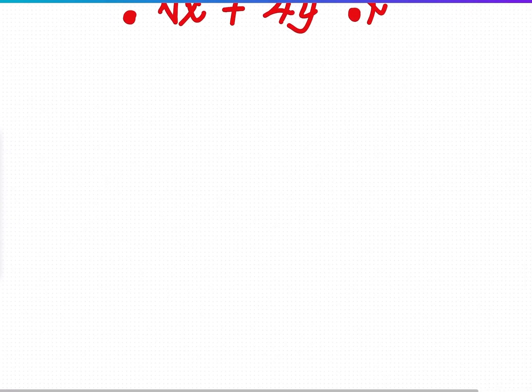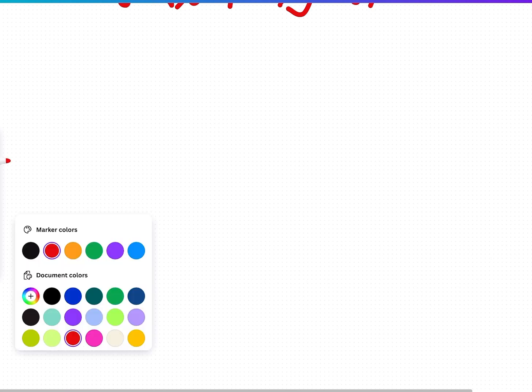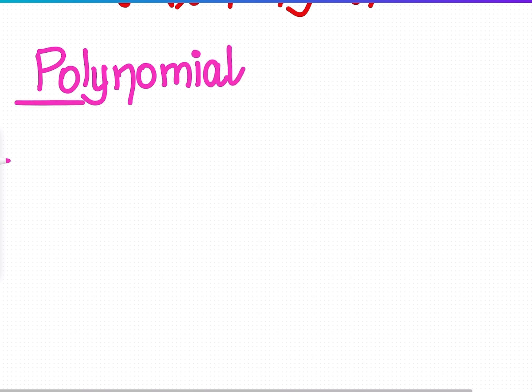All right, let's move on to our next definition that is important before we even delve into working with polynomials or solving them. We will have the definition of the word itself, polynomial. So basically, polynomials are what?